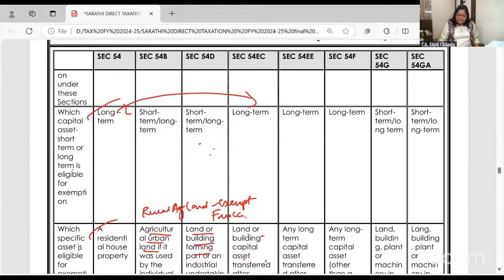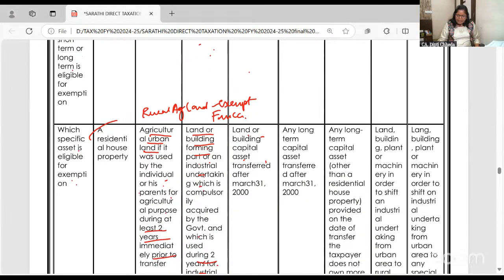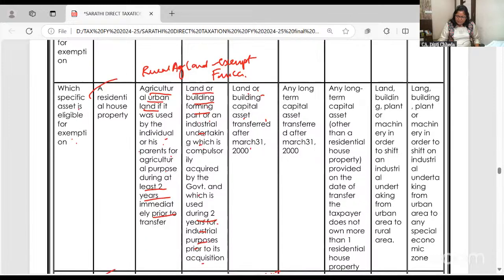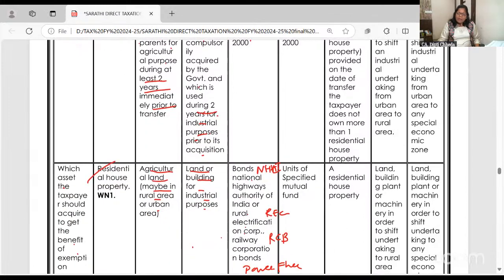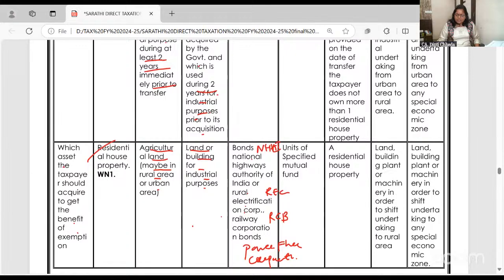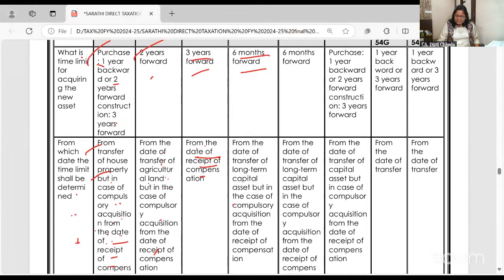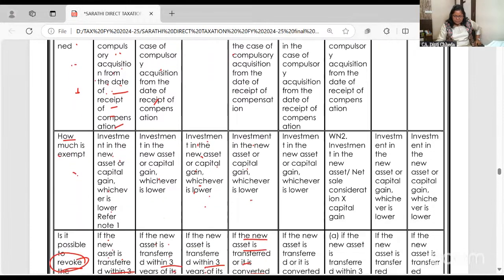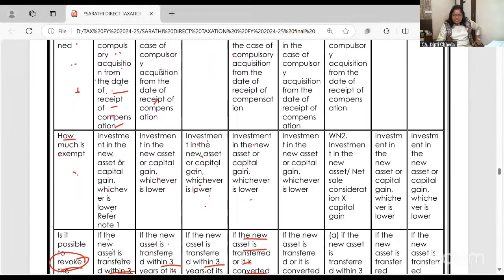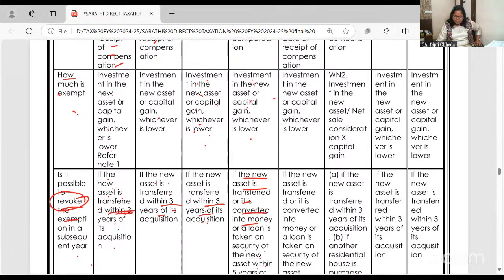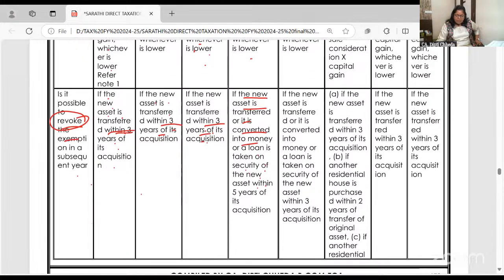Long-term capital gain by selling land or building. And you buy bonds, NHAI bonds, REC bonds, and all. Time limit is 6 months forward from the date of transfer or compulsory acquisition. Exemption is investment in capital asset or capital gain, whichever is lower. And these bonds are for a lock-in period of 5 years.